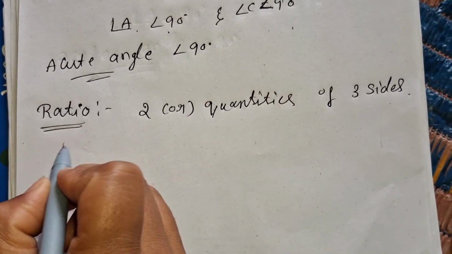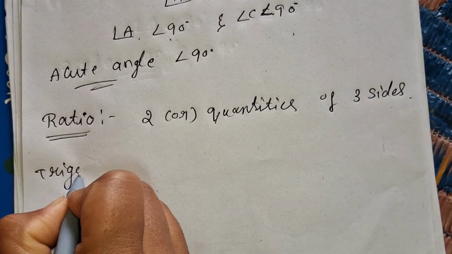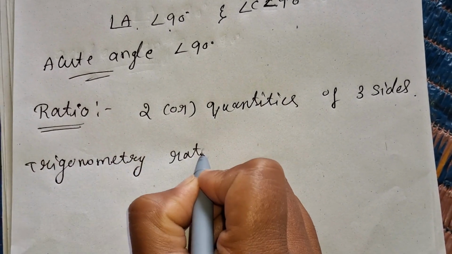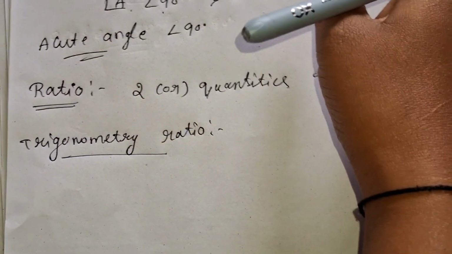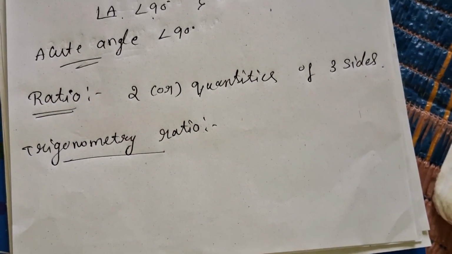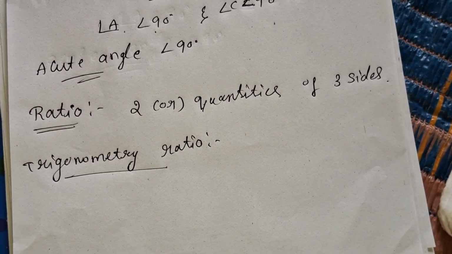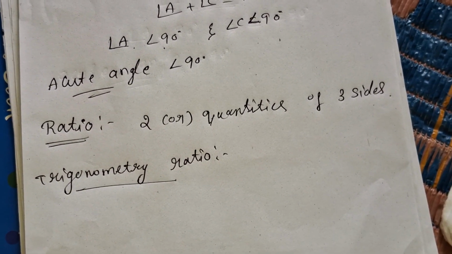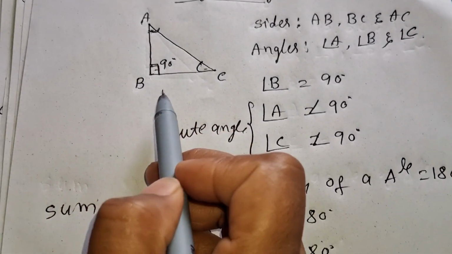What is a trigonometry ratio? It is the ratio of the sides of a right angle triangle with respect to its acute angle. Which one is the right angle? Angle B is the right angle.